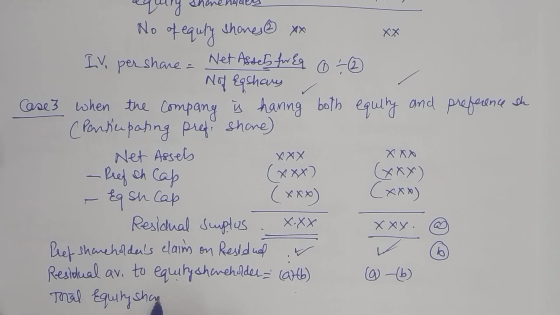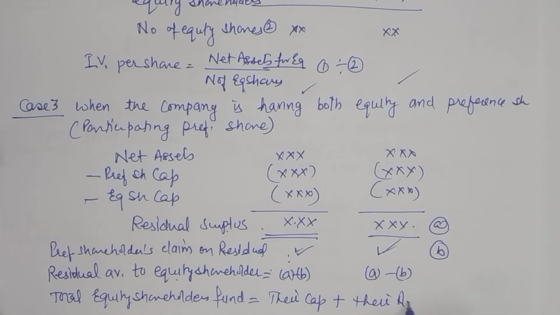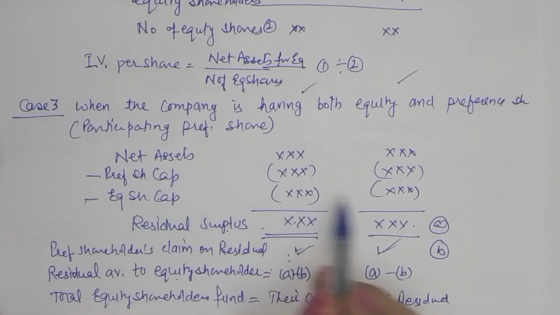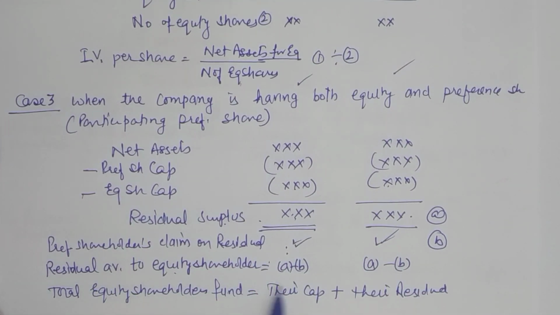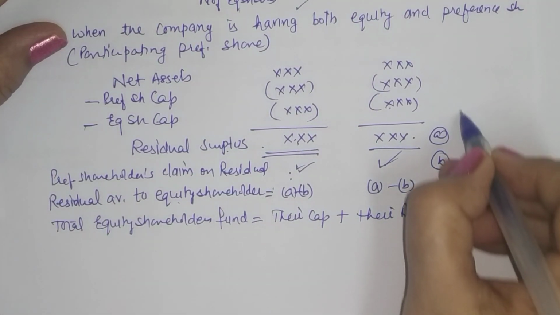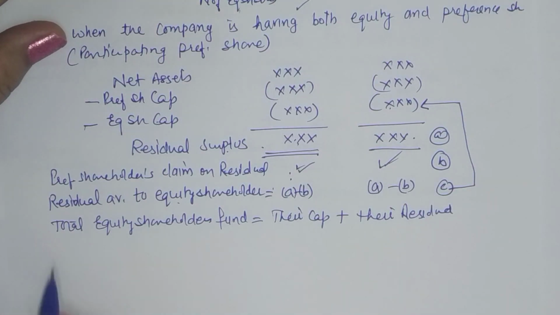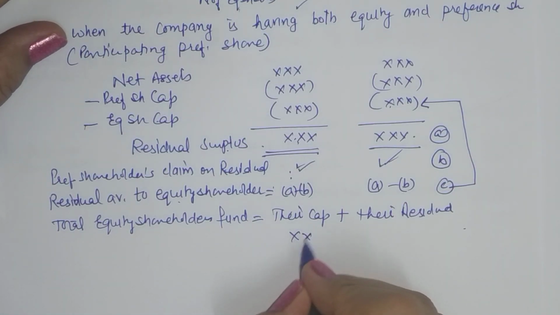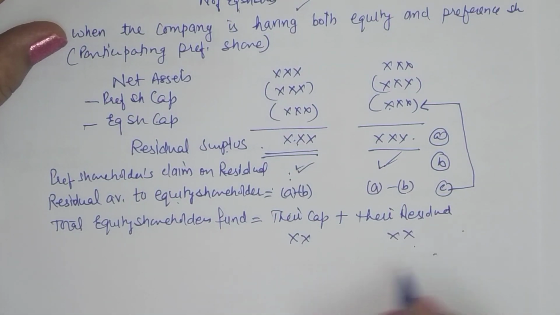Equity shareholders total funds will be equal to their capital plus their residual. Their capital is what we have written here, and this is their residual available, C. If we add this residual to the equity capital, this is equity shareholders funds. So this will be calculated for both the companies.